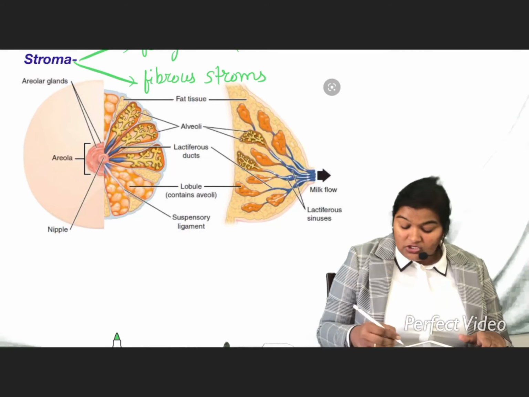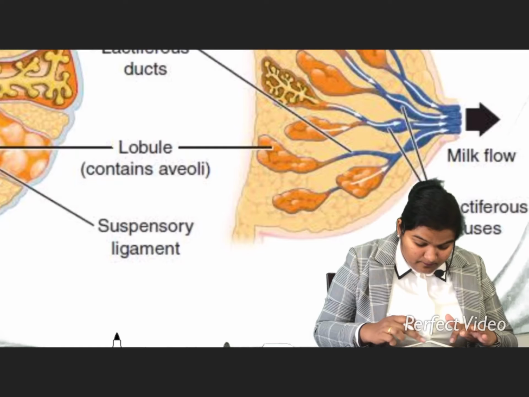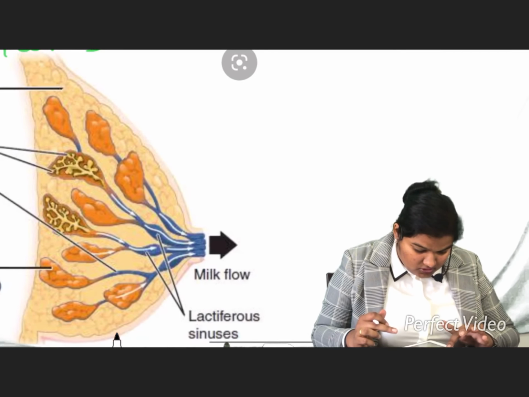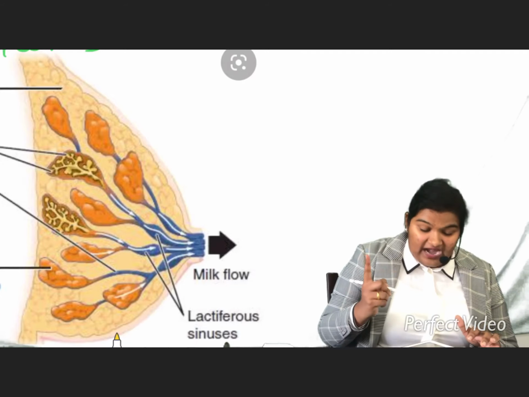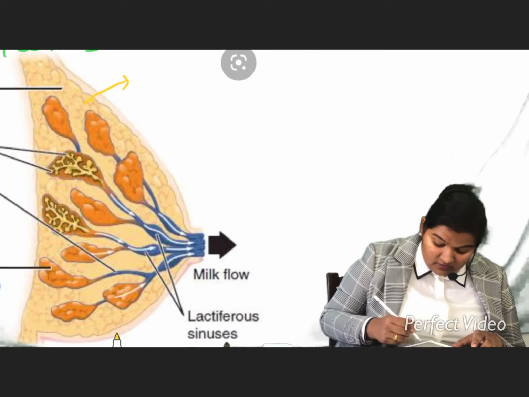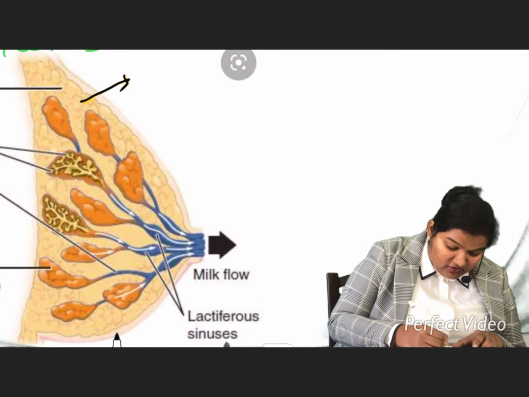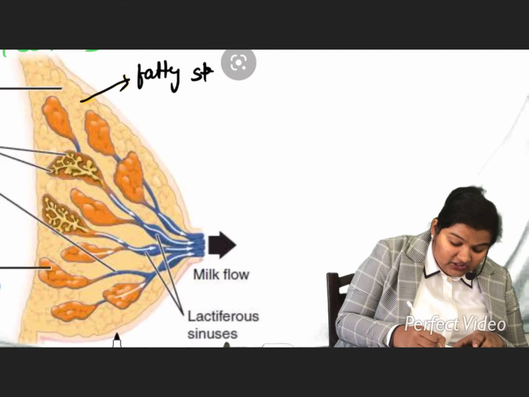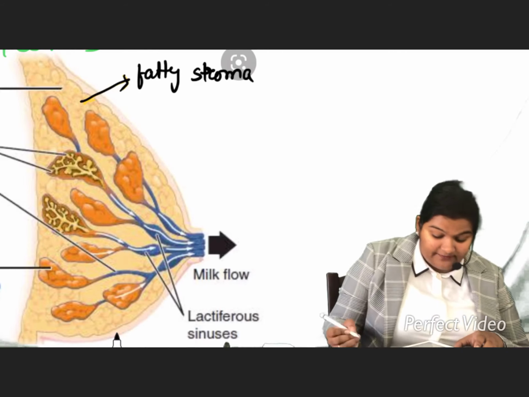So in this image, can you appreciate these yellow things? So this yellow fat present in the breast, I will write it in black. Fatty stroma. Okay.